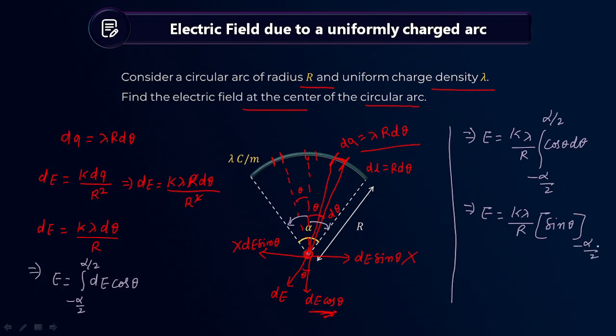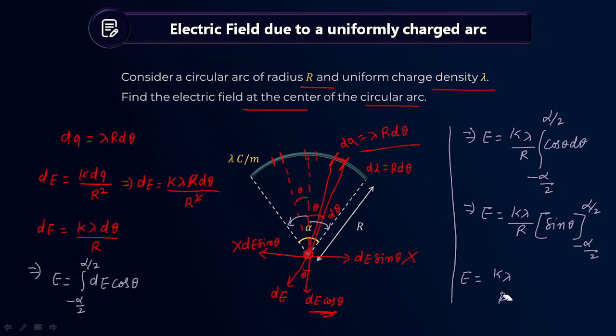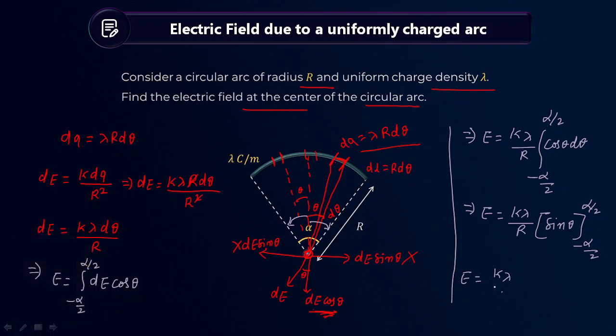So with limits minus alpha by 2 to alpha by 2, they get added and we have the electric field equal to k lambda by r times 2 sin theta. So we can write 2 k lambda by r sin alpha by 2. So this will be our electric field due to the arc at the center.